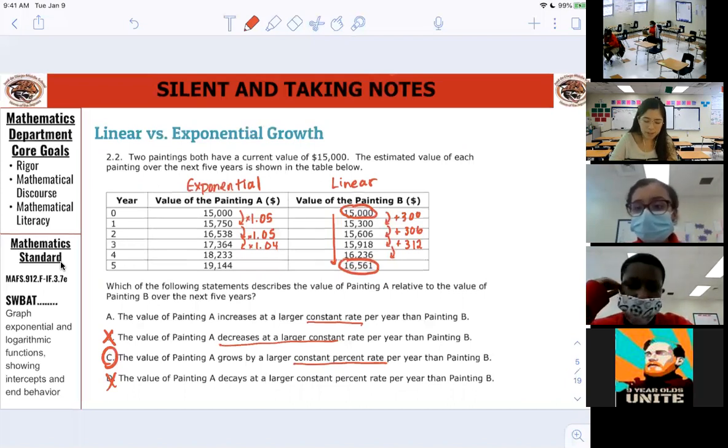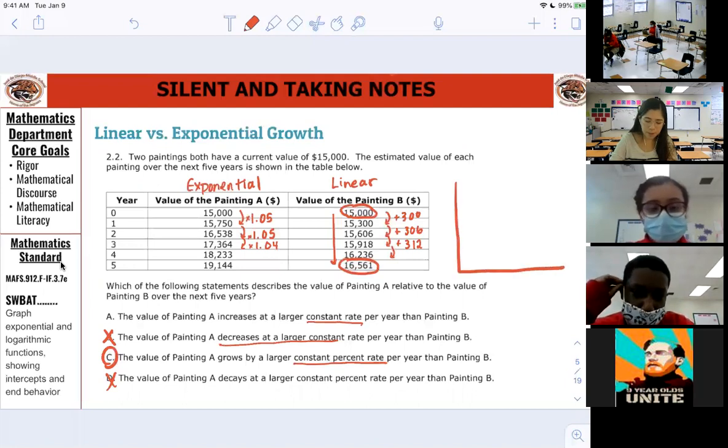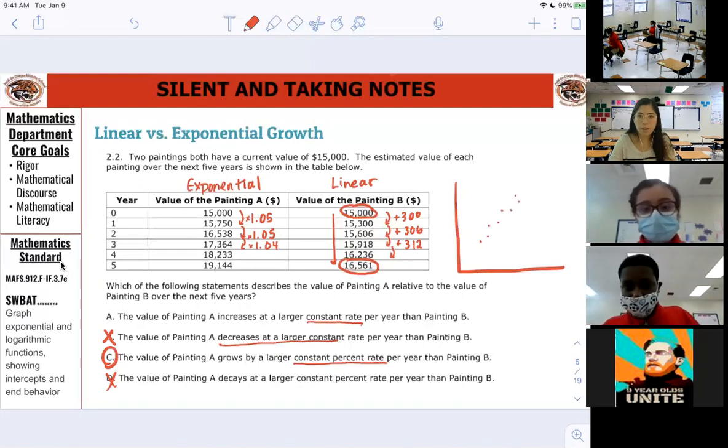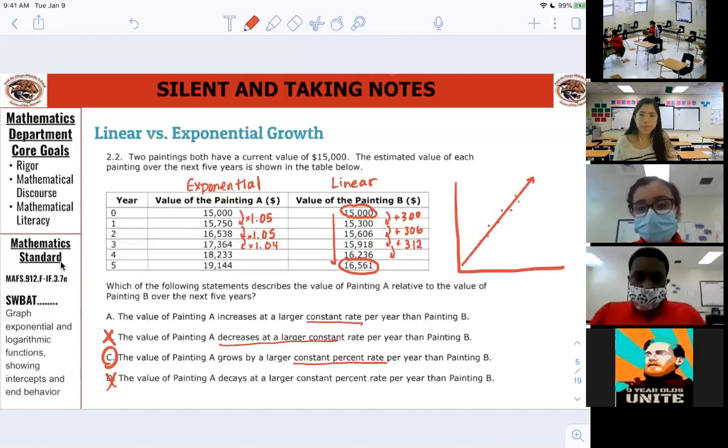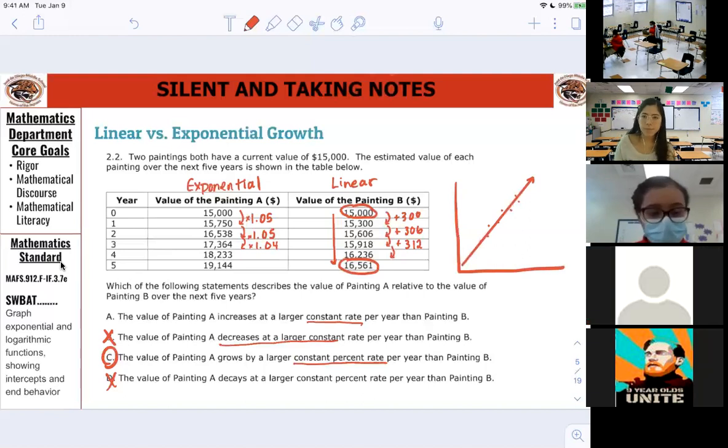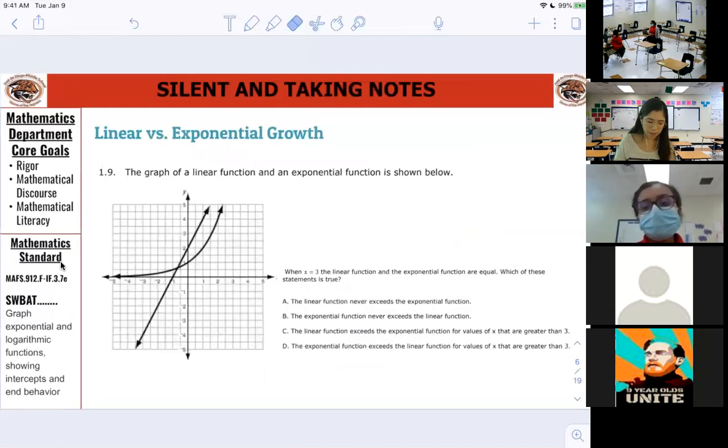So this will probably be a situation where the points are kind of scattered, but the general shape of this graph, even though the points are not perfect, is still linear because it's still following a linear trend. Oh yeah, we learned this last year. Scattered points and then a line in the middle. Yeah, scatter plot. Good question. All right, moving right along.